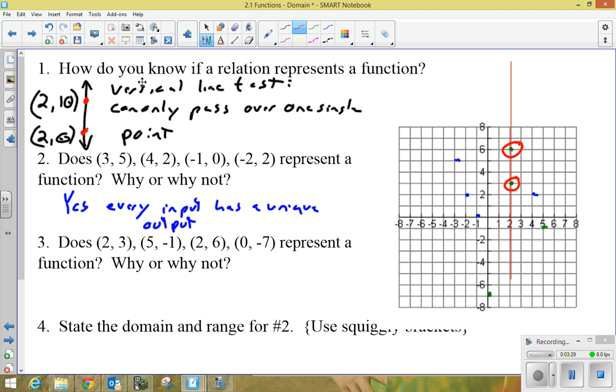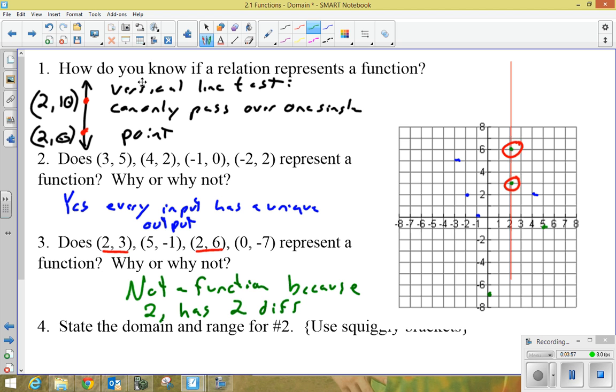At 2 we have two answers, one being 3 and one being 6. So this is not a function, because 2 as our input has two different outputs.